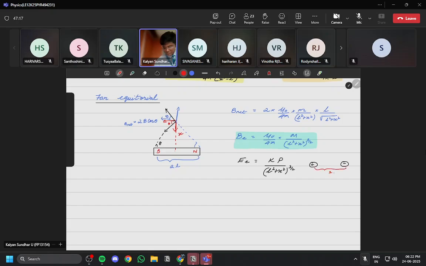This is the distance 2L. At this point, if I have to find it, this will be away, this will be towards. The net resultant for both is on this side, E cos theta. X value L.